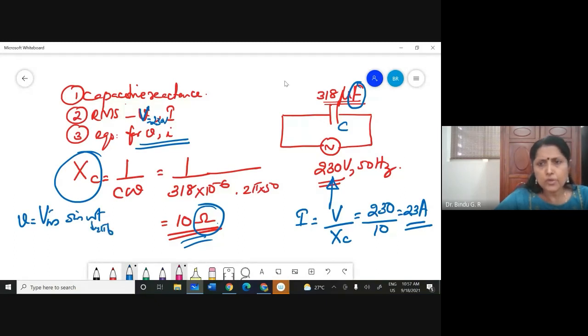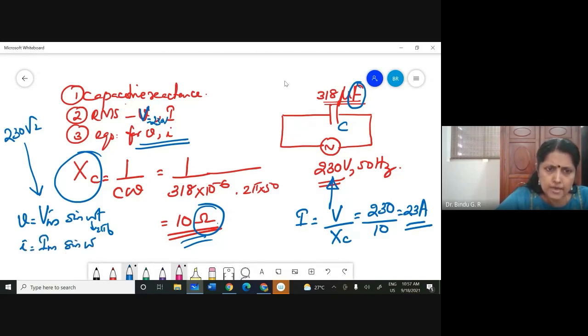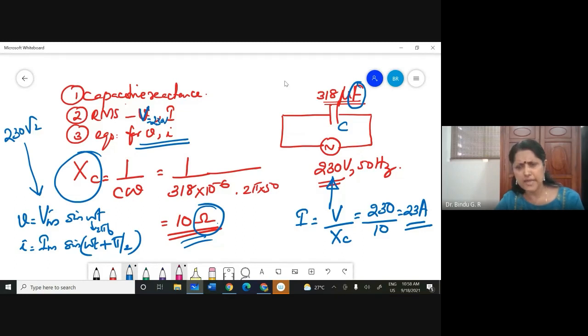Vm can be found out from Vrms. Vrms is 230, so 230 into root 2 will be Vm. i is equal to, because it is a capacitive circuit, Im sine omega t plus pi by 2. That you should know: when it's a purely capacitive circuit, you have to write pi by 2. Im is equal to the RMS value, 23 ampere into root 2.